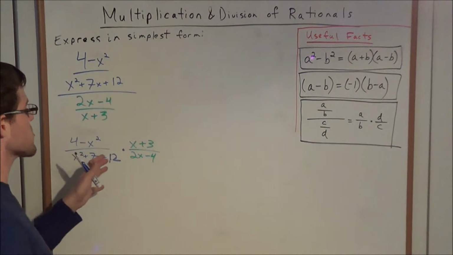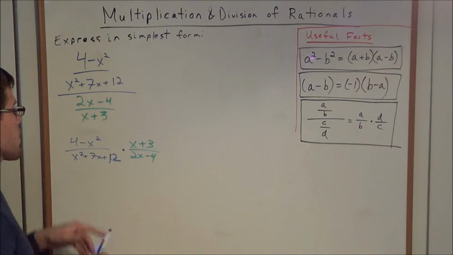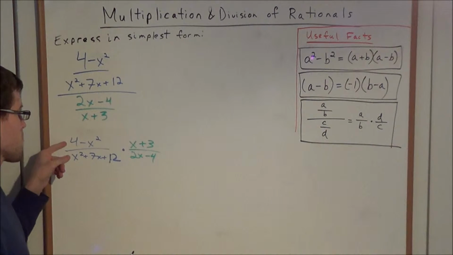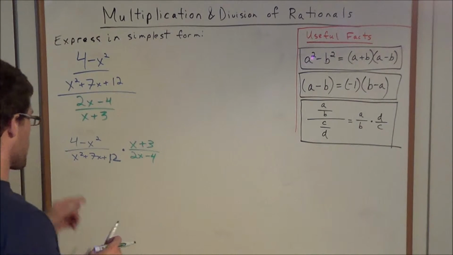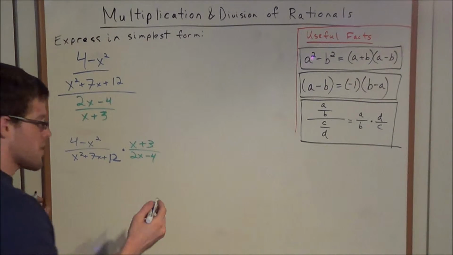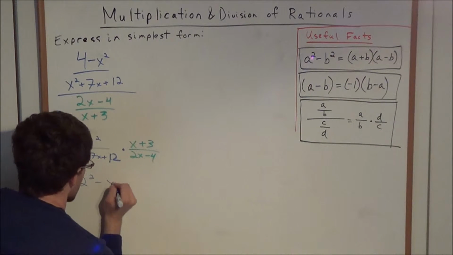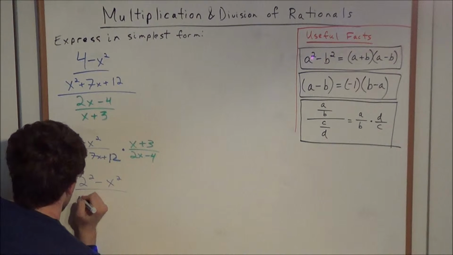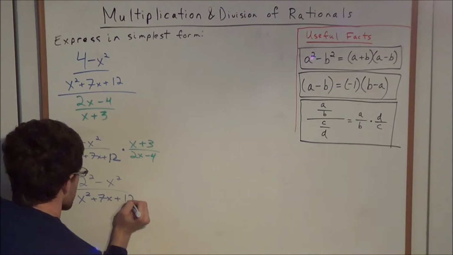Now we could go ahead and start factoring these fractions term by term, meaning we want to factor the numerator in the blue fraction, the denominator, and so on with the green fraction. So now we look at 4 minus x squared, and I'm going to go ahead and write this as 2 squared minus x squared, divided by x squared plus 7x plus 12.